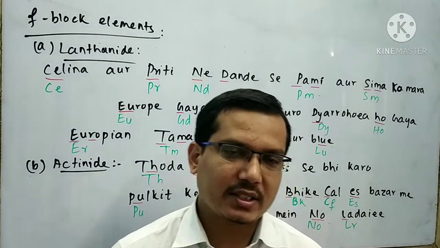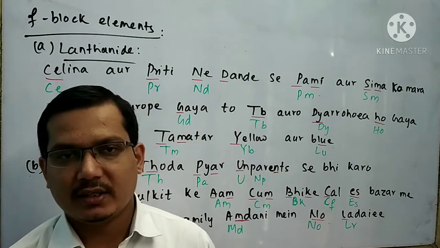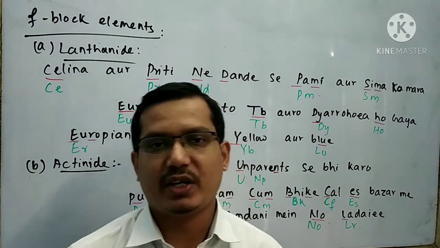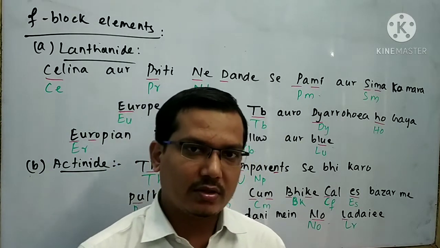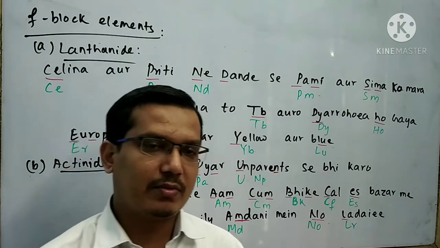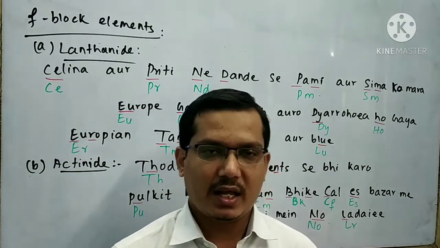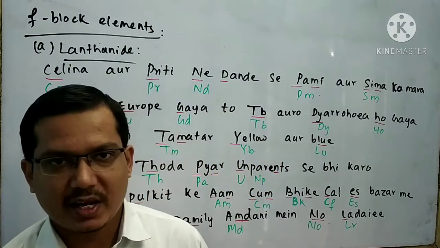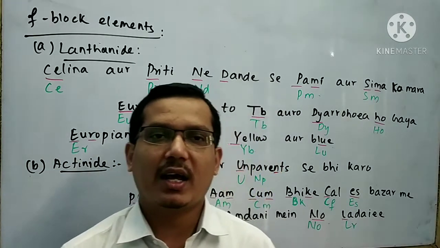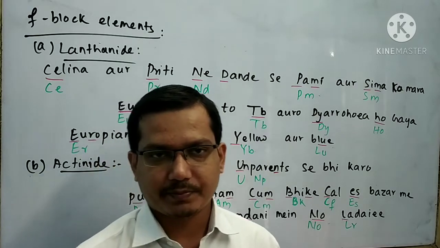Otherwise, you cannot say which element is present in which block, in which group, in which period. You cannot also say the atomic number of the elements, the electronic configuration of the elements, and so on. You can face many problems regarding the elements present in the modern periodic table.